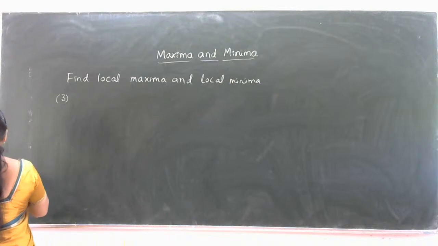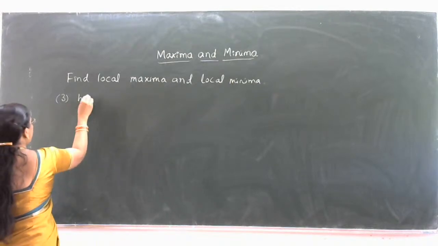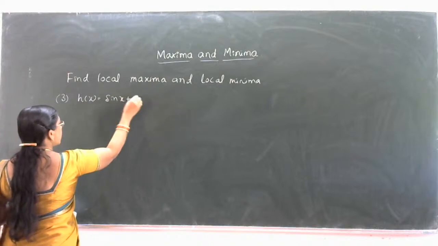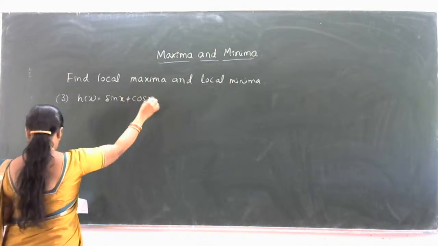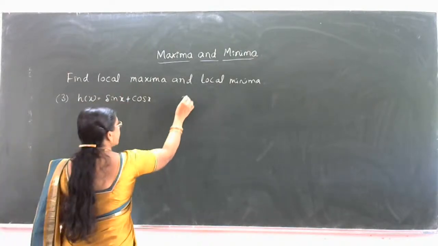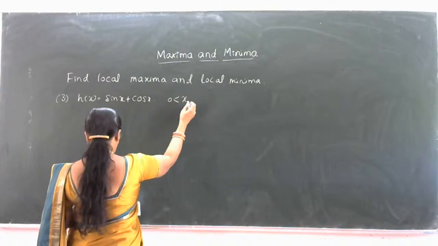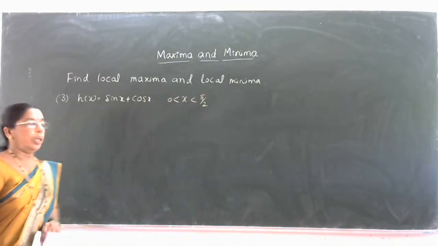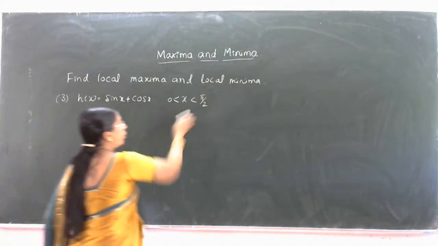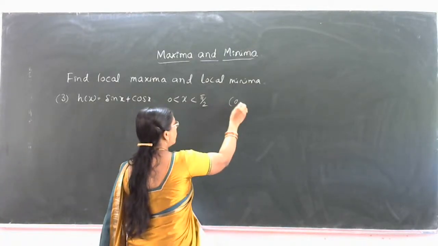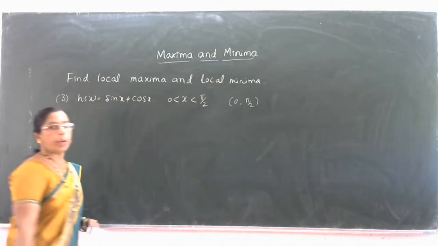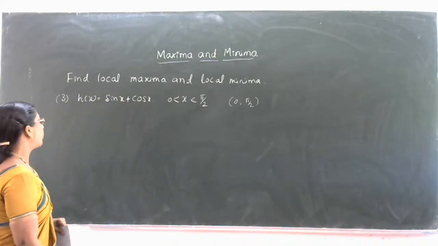Third one is h of x equal to sin x plus cos x, where x is greater than 0 and less than 5 pi by 2. It's the open interval from 0 to 5 pi by 2 here. 0 and 5 pi by 2 are not included here.